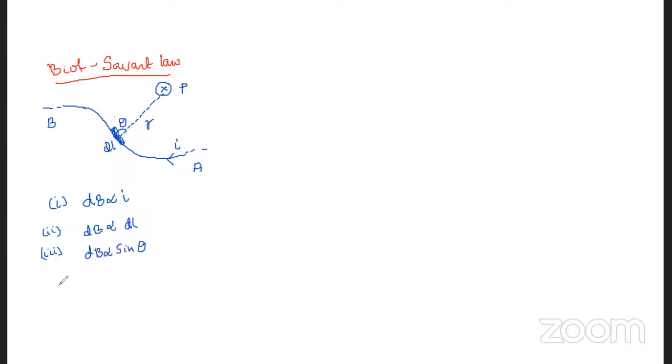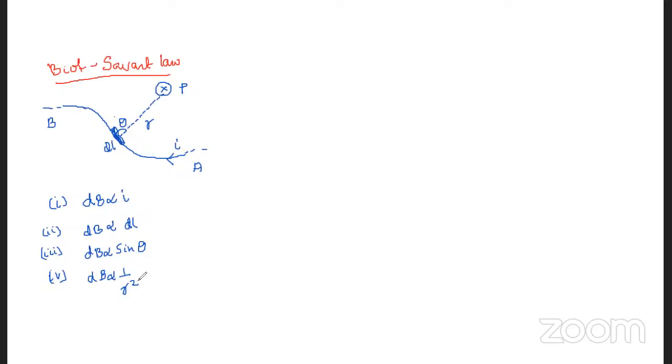And then the fourth point which we have to remember here is that it is inversely proportional to the square of the distance r of the point P from the element dl. That is nothing but dB is inversely proportional to the square of the distance here.